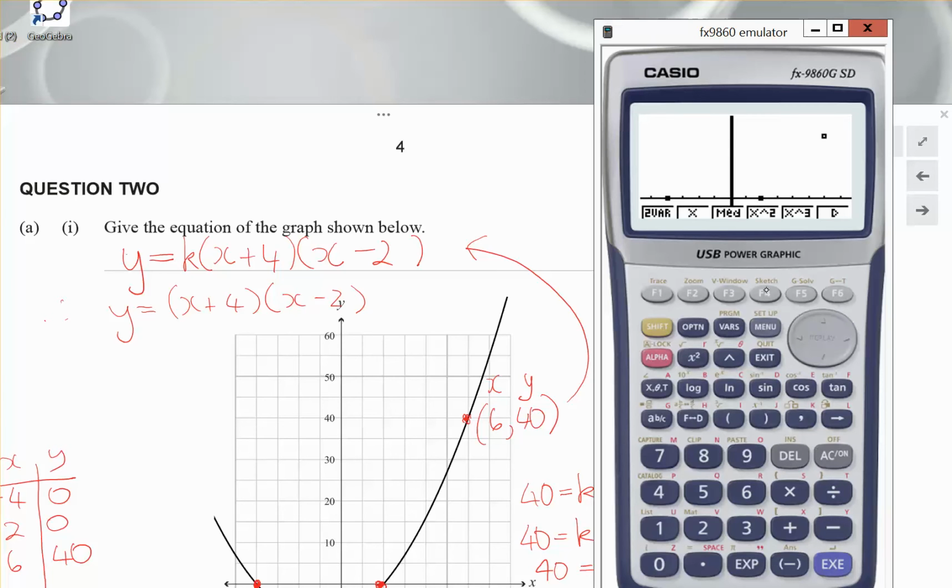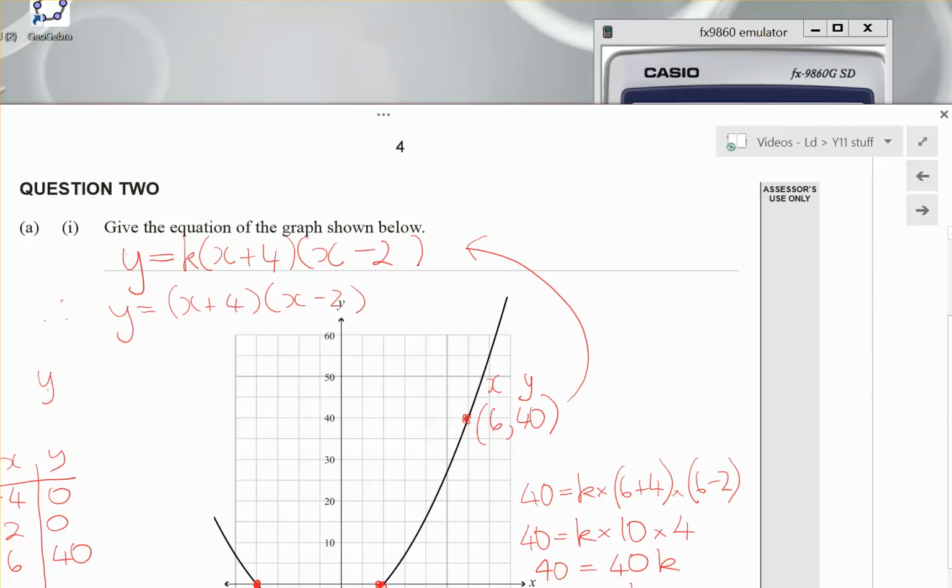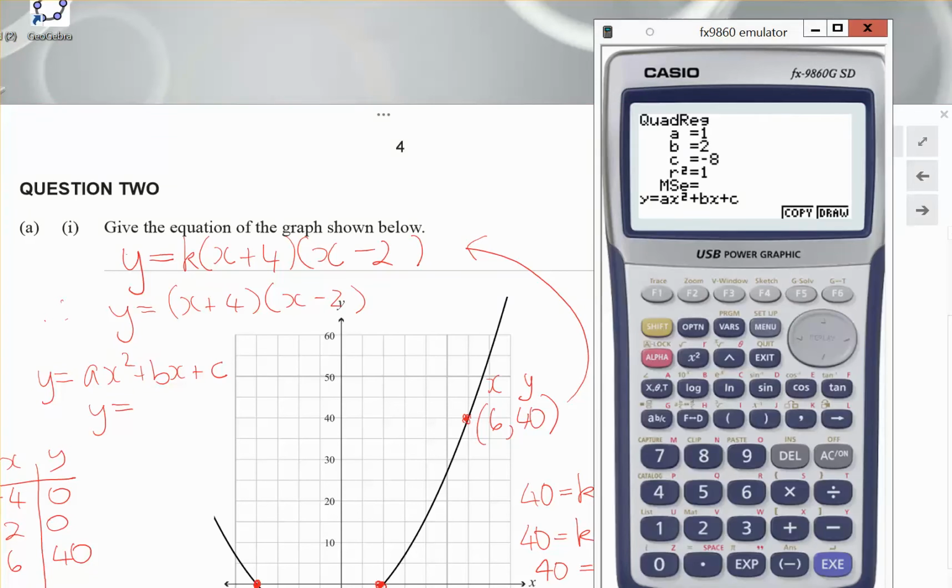I can see it's a quadratic, so we need to choose x squared. And using the calculator model, we get y equals ax squared plus bx plus c, and the calculator gave us some values for that. A is 1, b is 2, and c is -8, so we'll put those into the quadratic form.